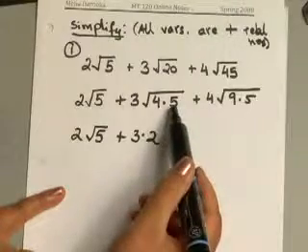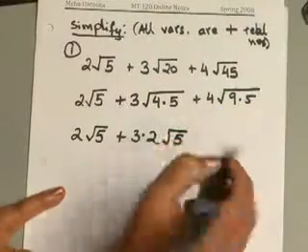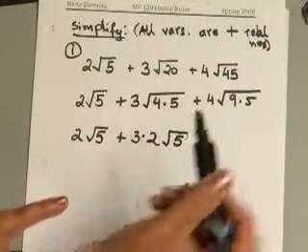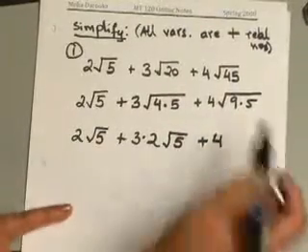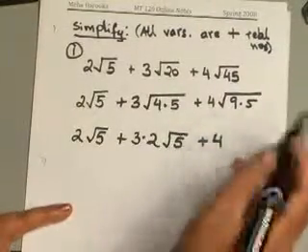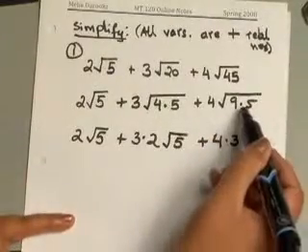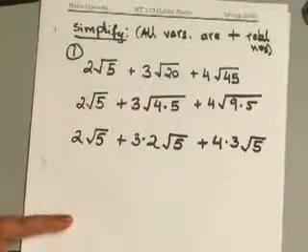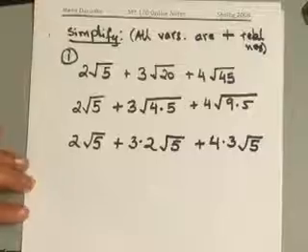And since 5 cannot be simplified any further, that will continue. 4 coming outside as 2, and square root of 5 still stays under the radical sign. On the last term, again, you have 4 on the outside. Square root of 9 is 3. So you bring the 3 on the outside. And again, 5 cannot be simplified. So we go ahead and leave it the same. Leave it under the radical sign.